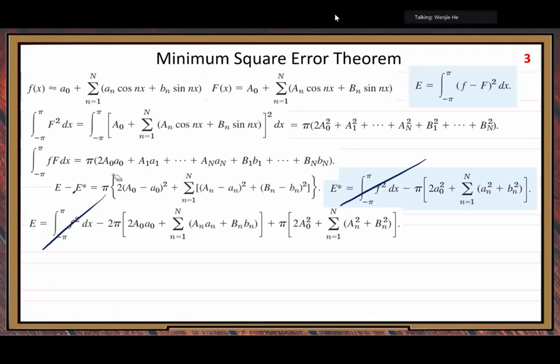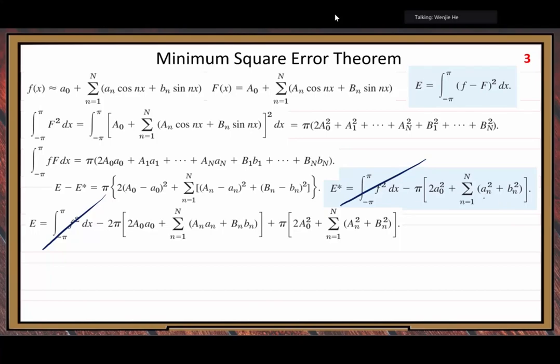The difference, capital E minus capital E star, we can write as complete squares, because you group the terms carefully. I think it's not hard to see this.